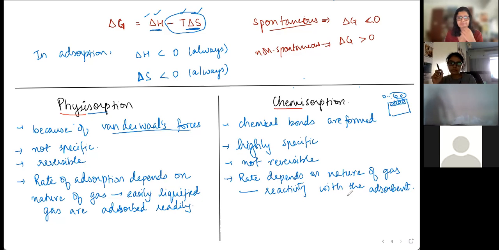Ma'am, could you elaborate on why it depends on reactivity with the adsorbent? Chemical bonds are being formed, right? Some molecules are capable of forming bonds with a particular substance, other molecules not really. I don't remember doing this chapter, so I don't have past knowledge about this. But in adsorption, shouldn't the molecule be on the surface?